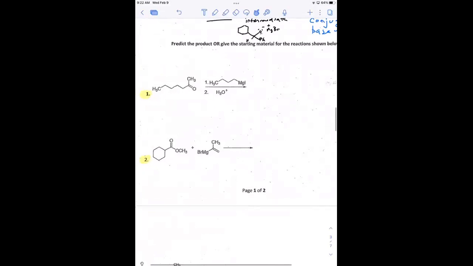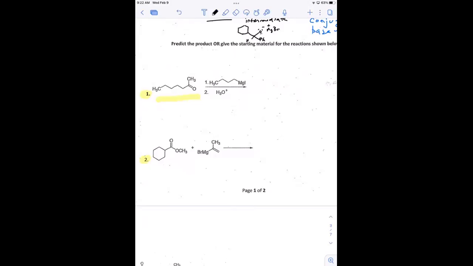All right, so what functional group is that in number 1? Right here. Is it an aldehyde? Is it a ketone? Is it an ester? Is it a carboxylic acid? Is it an amide?